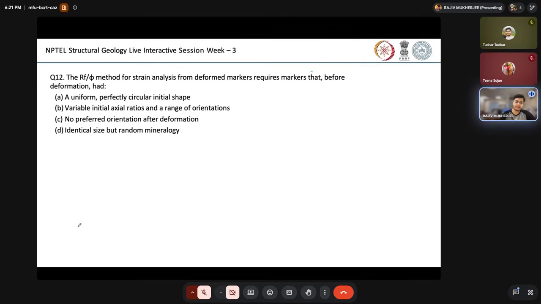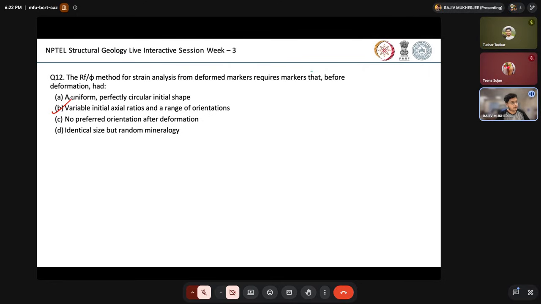Option B, yeah, option B is actually the correct answer, because the RFI method has been proven a very robust method compared to the Fry method, because actually it measures the aspect ratio and the long axis orientation of different shape and different orientation grains altogether. So that's why it is statistically more robust than the center to center method, because in the center to center method we already assume that the initial shape of the particles that we're analyzing are spherical.